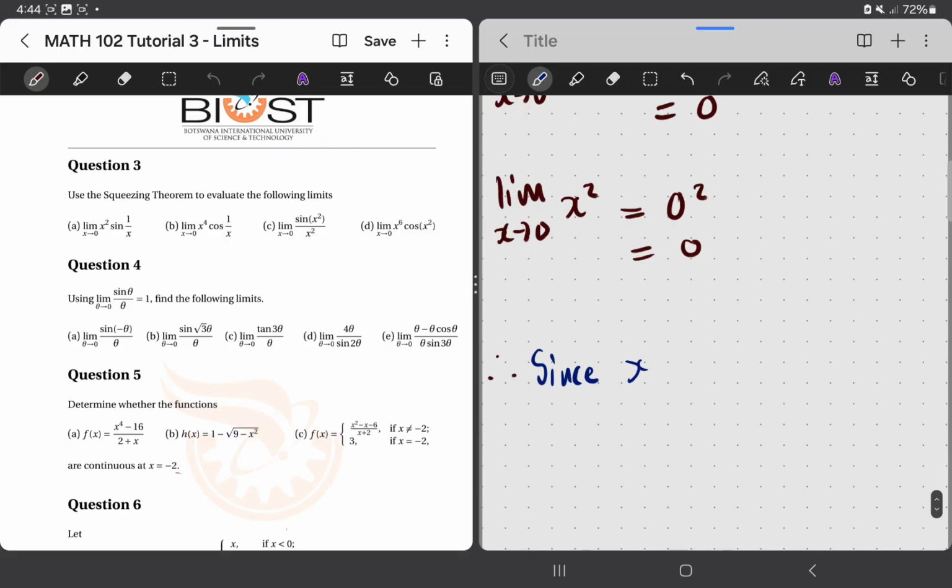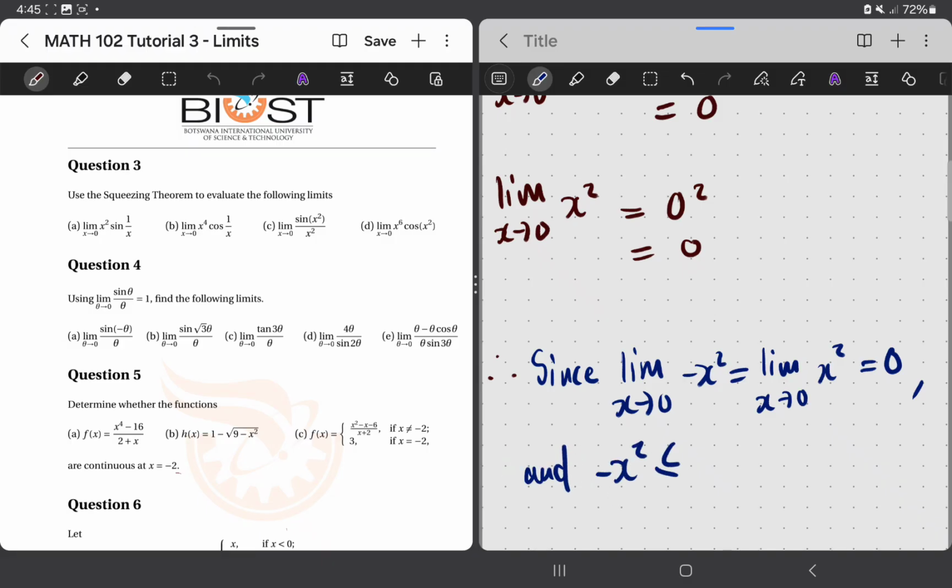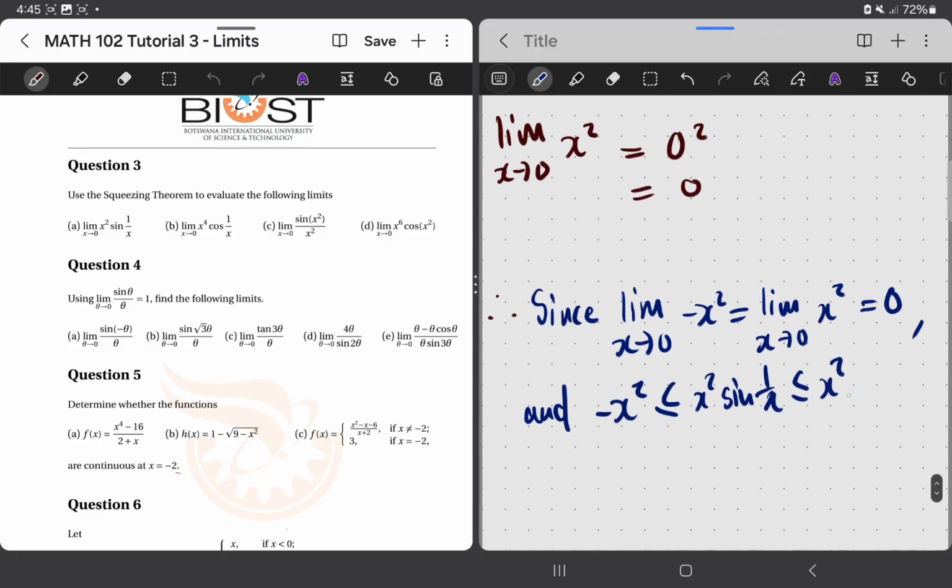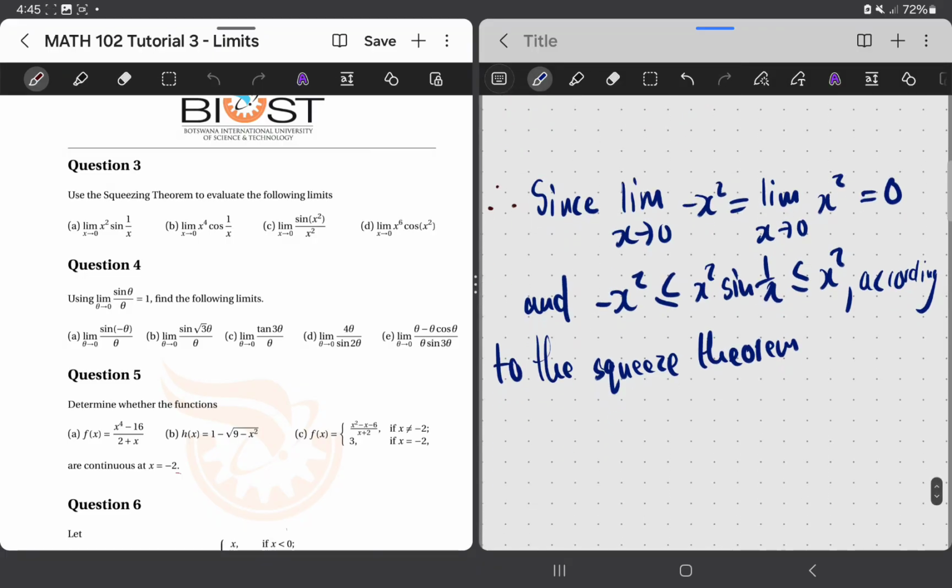You can say, since the limit as x goes to 0 of negative x squared is equal to the limit as x goes to 0 of x squared, which is equal to 0, and negative x squared is less than x squared sine 1 over x, which is less than x squared, then according to the squeeze theorem, the limit as x goes to 0 of x squared sine 1 over x is equal to 0.